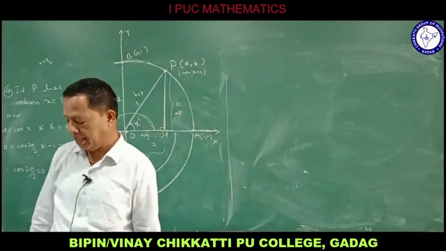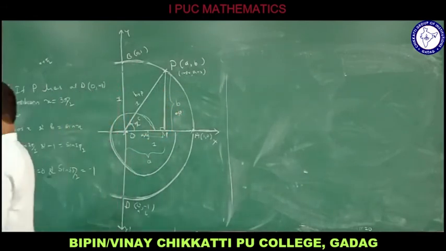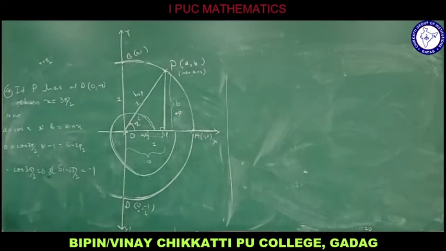You take tan, you take cot, you take sec or cosec. How trigonometric functions are expressed in terms of sine and cosine, that I want to tell you now. First cosec and sec, and then cot and tan, that I am explaining here.